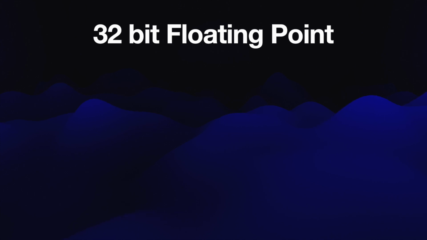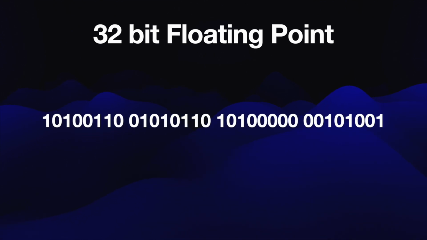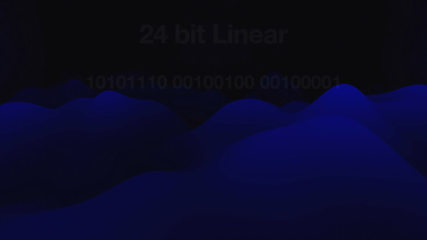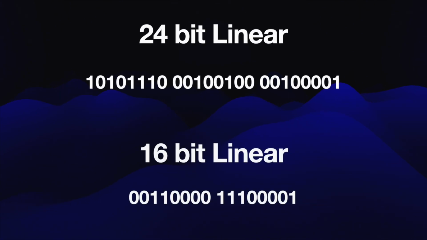32-bit floating point audio means that every sample of your audio, every instant that's captured in your audio file, has 32 zeros and ones that make up that value. 24 and 16-bit have 24 bits and 16 bits respectively. But the big difference is not just that with 24 bits, you've got 8 extra bits, so you can make even more numbers than a 16-bit file.